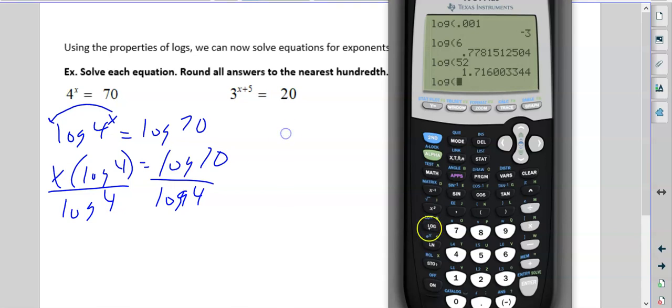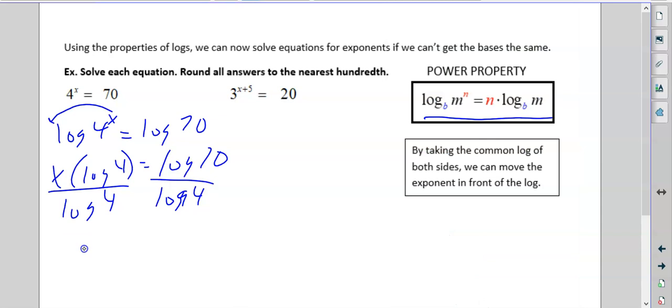We want to take log 70, whatever that number is, and divide it. So we need to close those parentheses. That will give us the number 1.845, so forth, then divided by log of 4. Now here it says round to the nearest hundredth, so that's 3.064. The hundredths spot is here. We look here. 4 says stay the same. That's our answer.